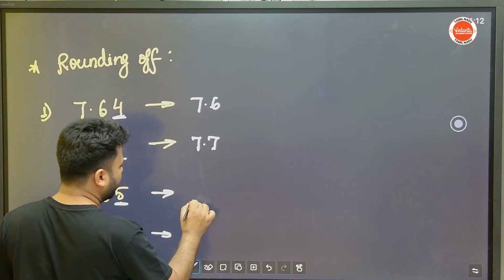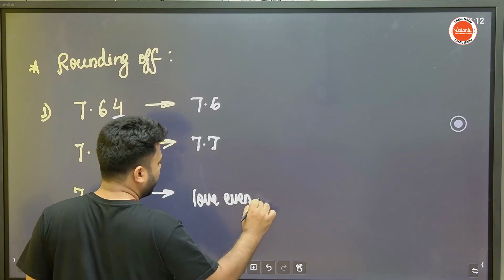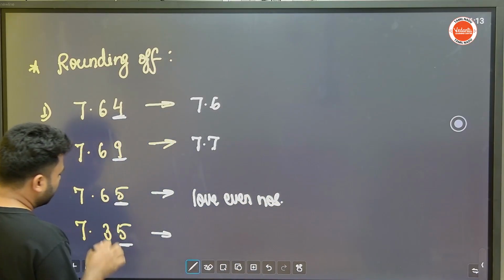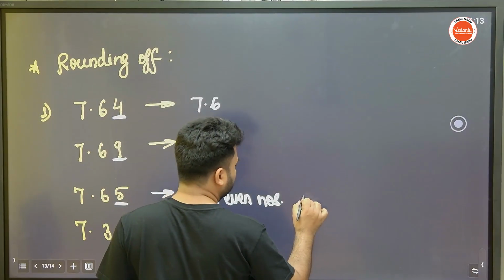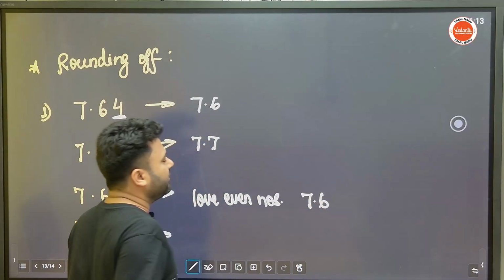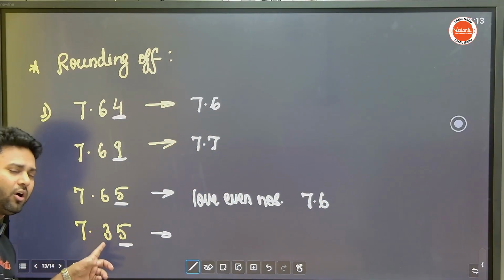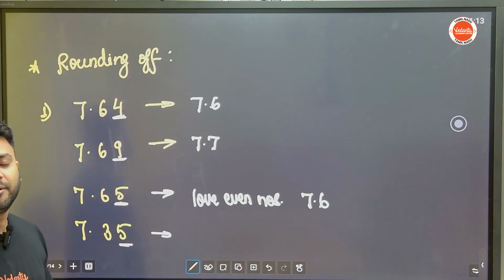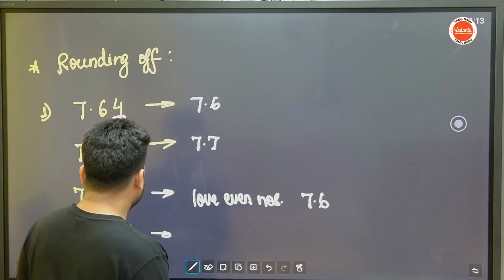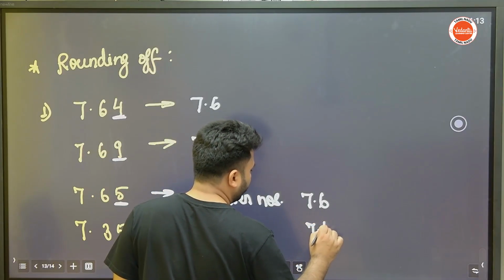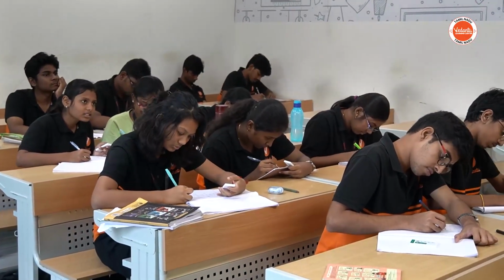Remember, we love even numbers. So the previous digit is already even, so we are not going to change. So this will be 7.6 only. But if the previous digit is odd, 3 is odd, but we love even numbers, so we will increase by 1. So this will become 7.4.